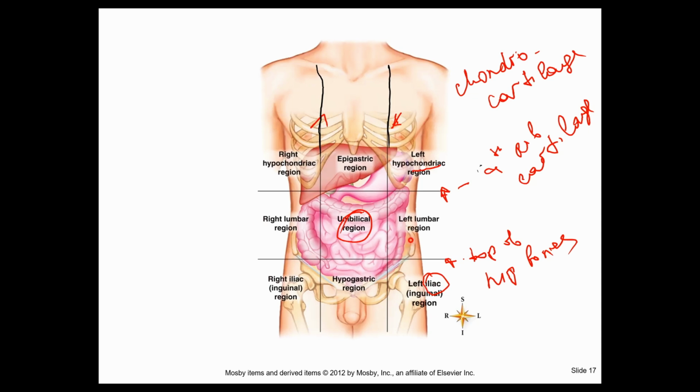The iliac bone is the largest flaring bone of the pelvis. It's one of the three bones of the pelvis, and it's actually an individual bone in the fetus, but then gradually the bones of the pelvis fuse together and become less and less mobile.